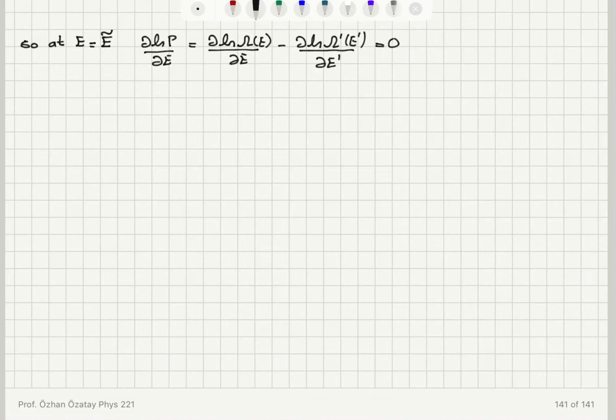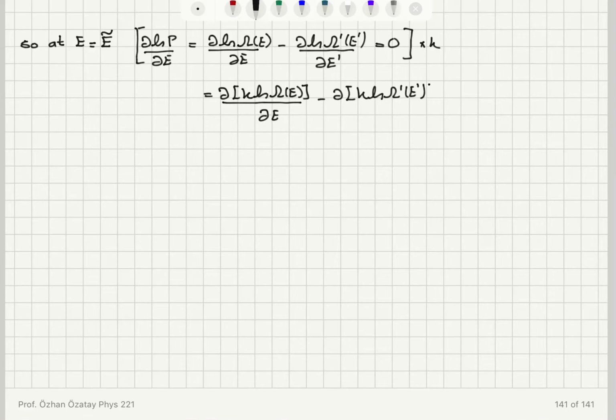If you multiply this equation with k, the condition is ∂(k ln Ω)/∂E minus ∂(k ln Ω')/∂E' equal to 0.